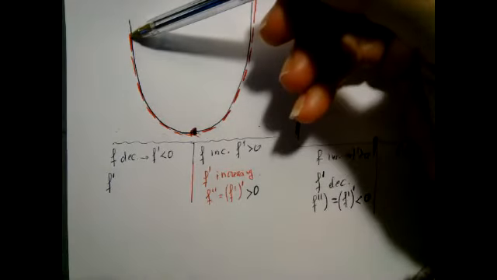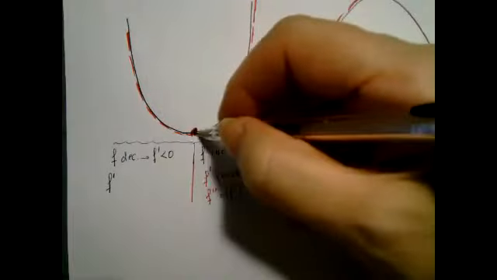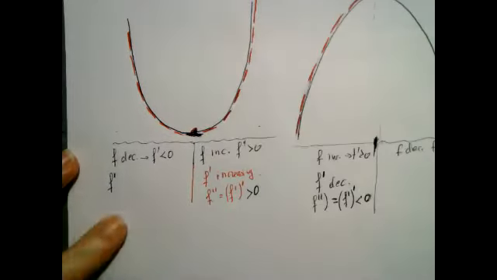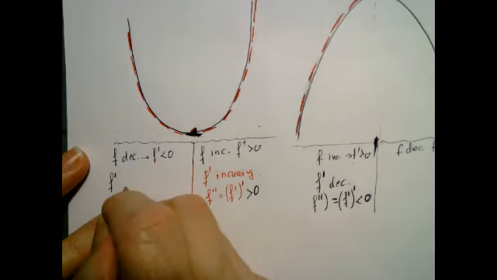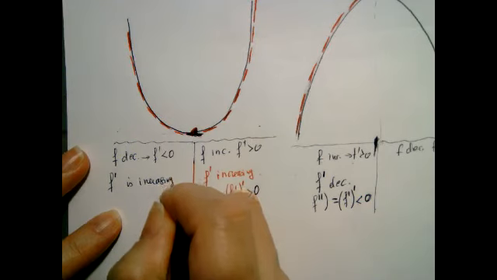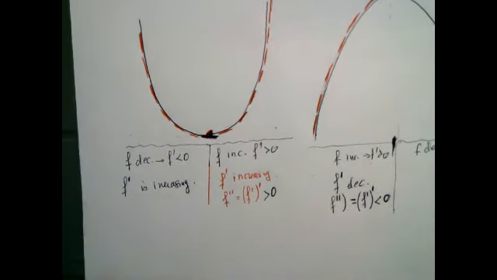They are negative, but they are getting less and less negative, heading towards 0. So f is decreasing, so f prime, the derivative, is increasing.